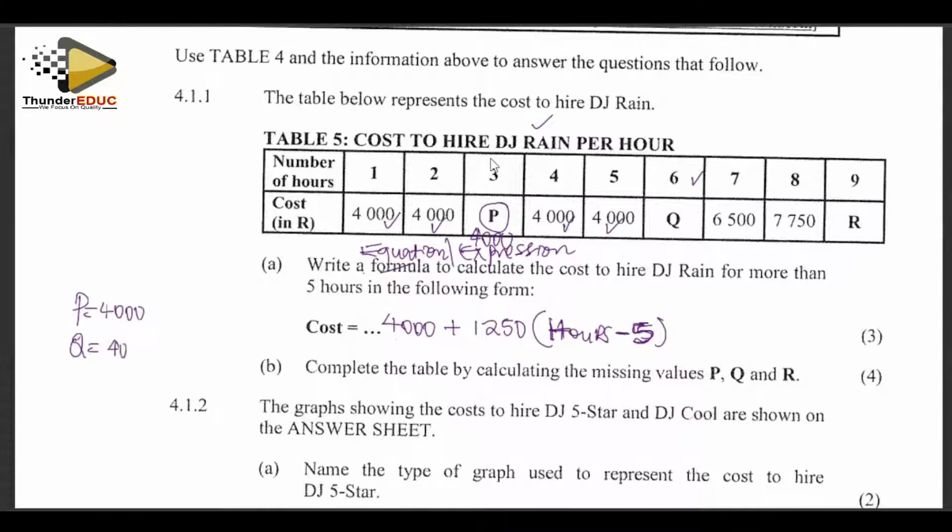That means the person paid 4,000 for the first hours plus 1,250, and the answer became 5,250. Then what about the value of R? They have exceeded by how many? By 4 hours. So this will be 4,000 plus 4 times 1,250, and the answer became plus 5,000. So your value of R is 9,000.